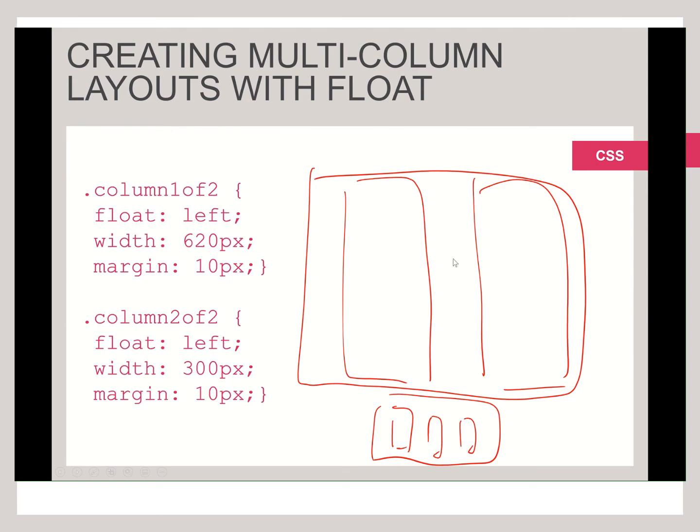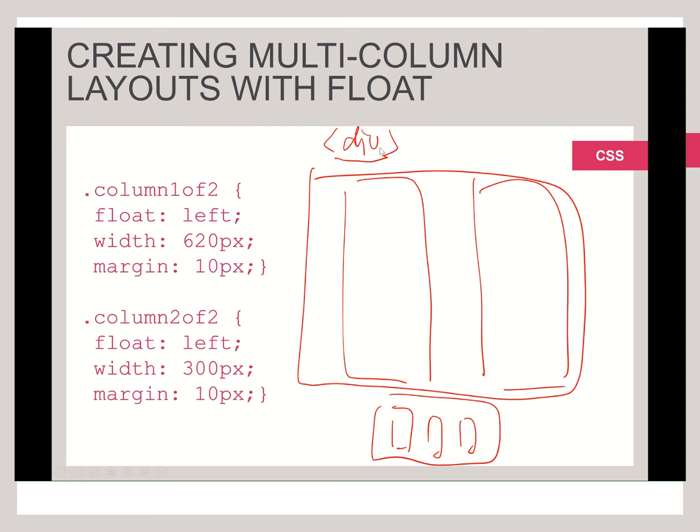The basic idea is how can we do that? We use division, which we mentioned before. With the division tag, we group the elements together, and then for each division we can design its layout separately.